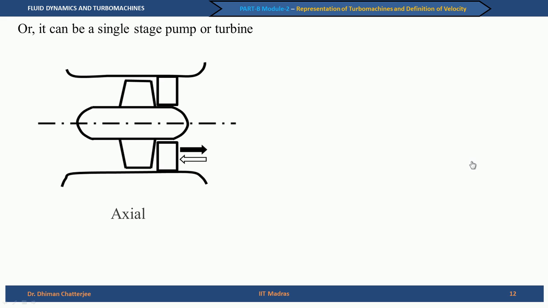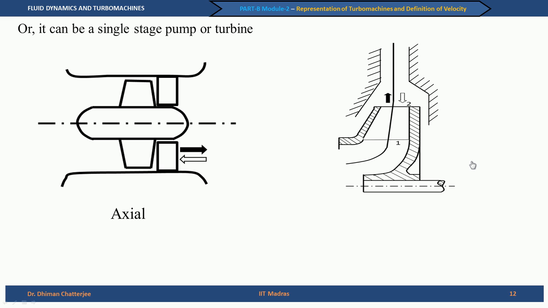We can also have a situation where a single stage pump or a turbine, as shown here, for both axial and radial, will have guide blades or diffusers. That is, you can have scenarios when there are no guide blades, no stationary components, or you can also have the guide blades or stators or stationary blades.